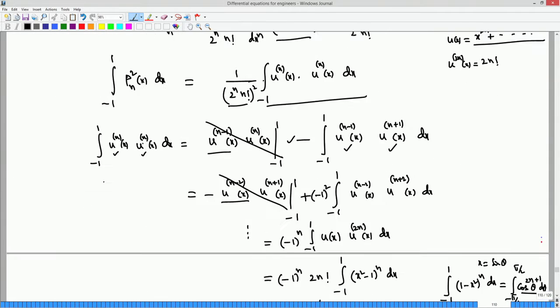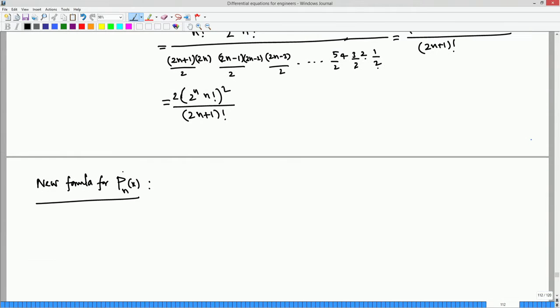The second property, property 2, is that Pn of x, where n is 0, 1, 2 onwards, in fact any integer n, is a bounded solution for the Legendre equation.